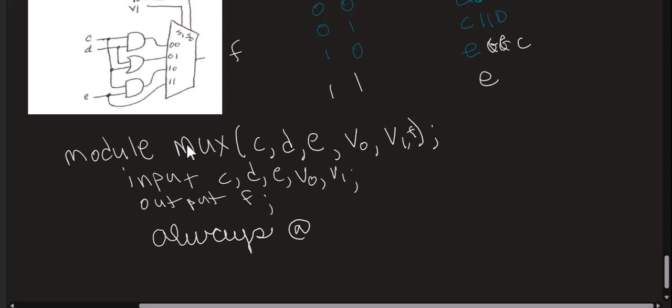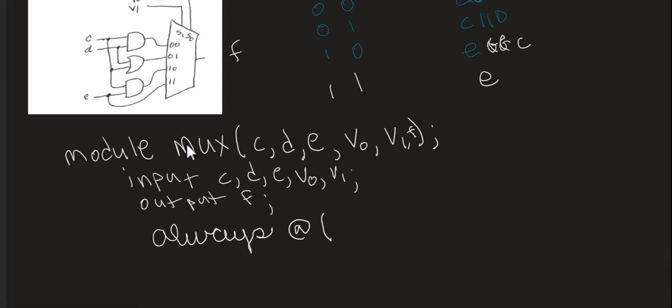So always at, and then you have your sensitivity list. You want it to run this always block whenever any of the things inside the sensitivity list changes. So anytime V0, V1, C, D, or E changes, we'll want to do our always block.